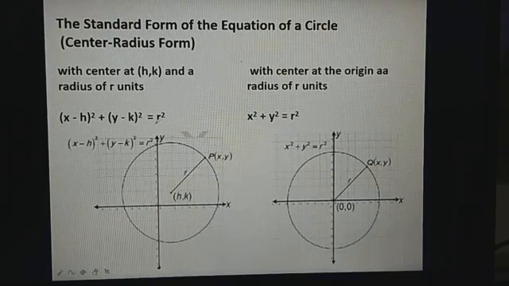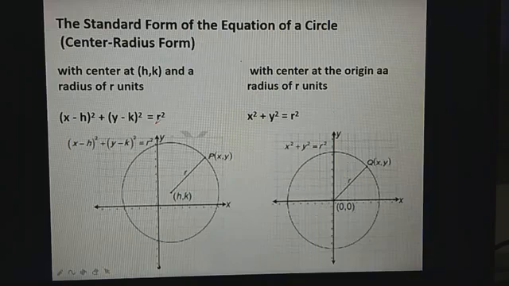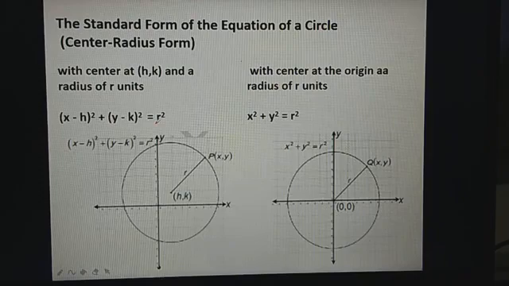So when we say standard form of the equation of a circle, this is also known as the center radius form. So with center at (h, k) and a radius of r units. So that (h, k) represents the coordinates of the circle for its center, wherein h is the x coordinate and k is the y coordinate, then r is the radius.